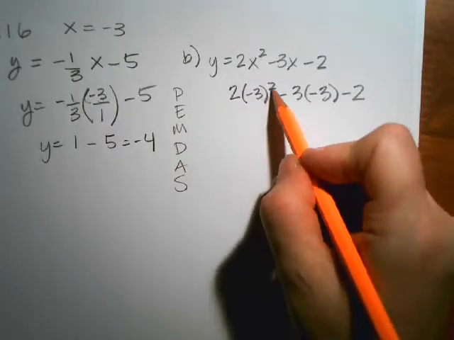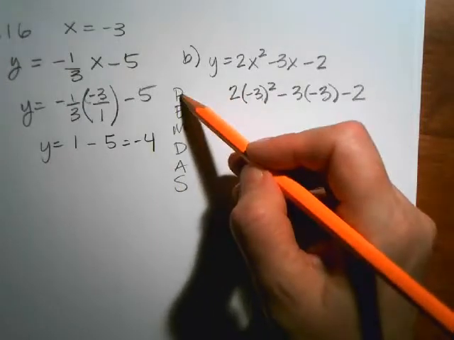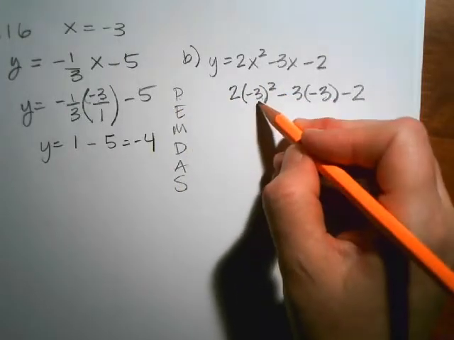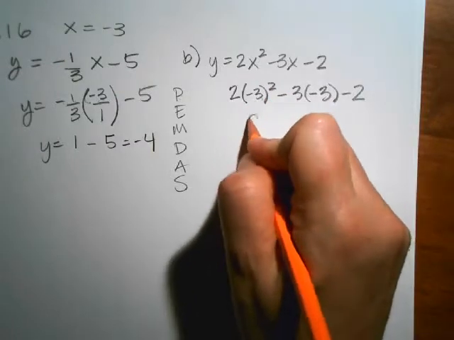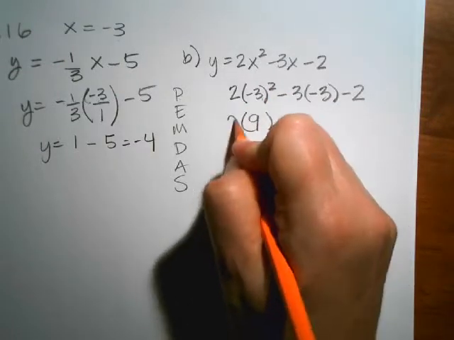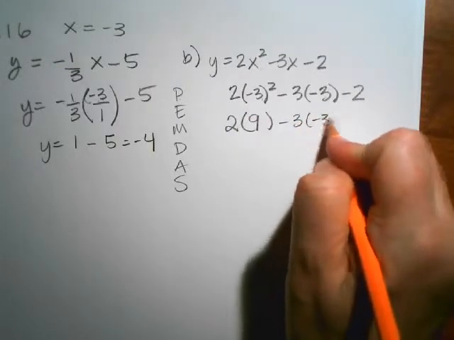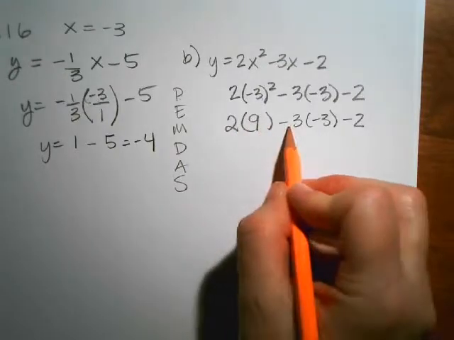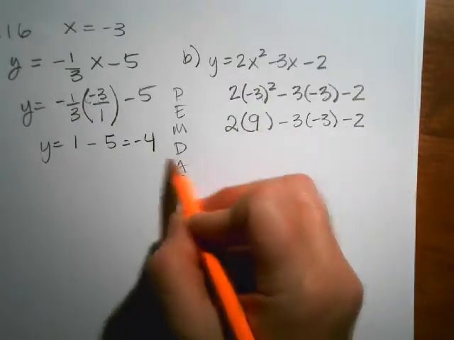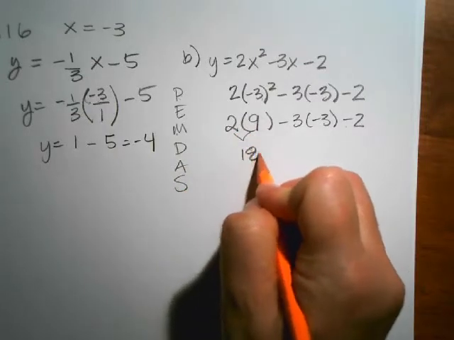There's nothing in any parentheses, so that's why I'm not mentioning parentheses. But -3 squared is -3 times -3, which is positive 9. I'm just going to bring everything down. Okay, I've got multiplication, I've got subtraction. I have to do multiplication before I do subtraction. So 2 times 9 is 18.